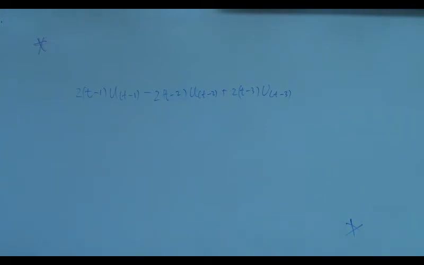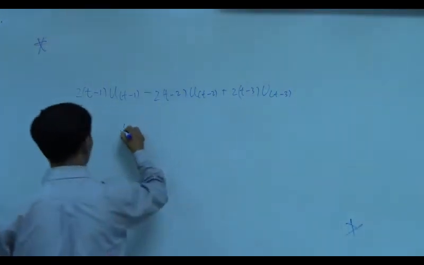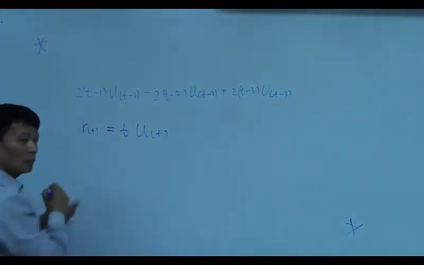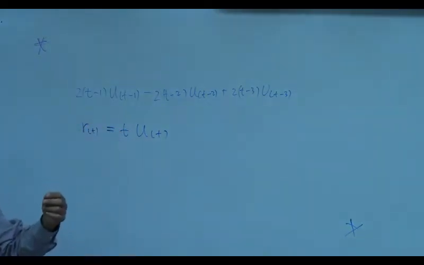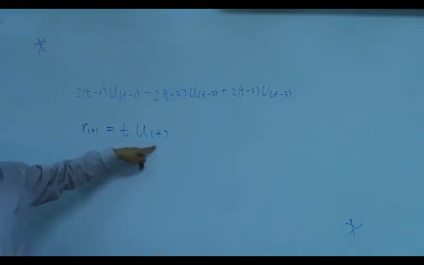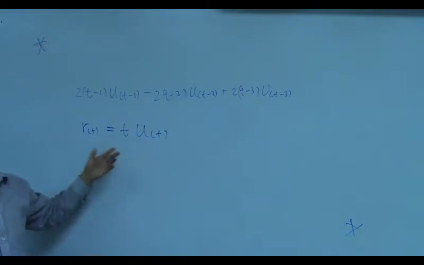Okay, what is t times u(t)? That is r(t), the ramp, right? t times u(t) is t when t is greater than 0, so it's the same thing.